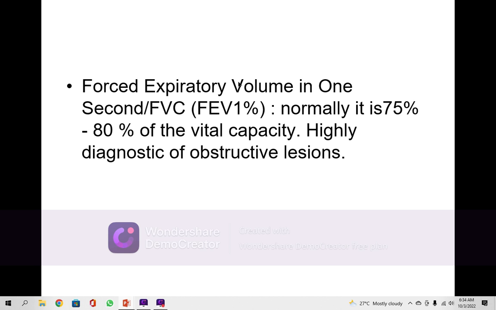The forced expiratory volume in 1 second, as a ratio with the vital capacity, is very important. Normally it is 75% to 80% of the vital capacity. It is highly diagnostic of an obstructive lesion because it is the first part of expiration, which should be reduced.